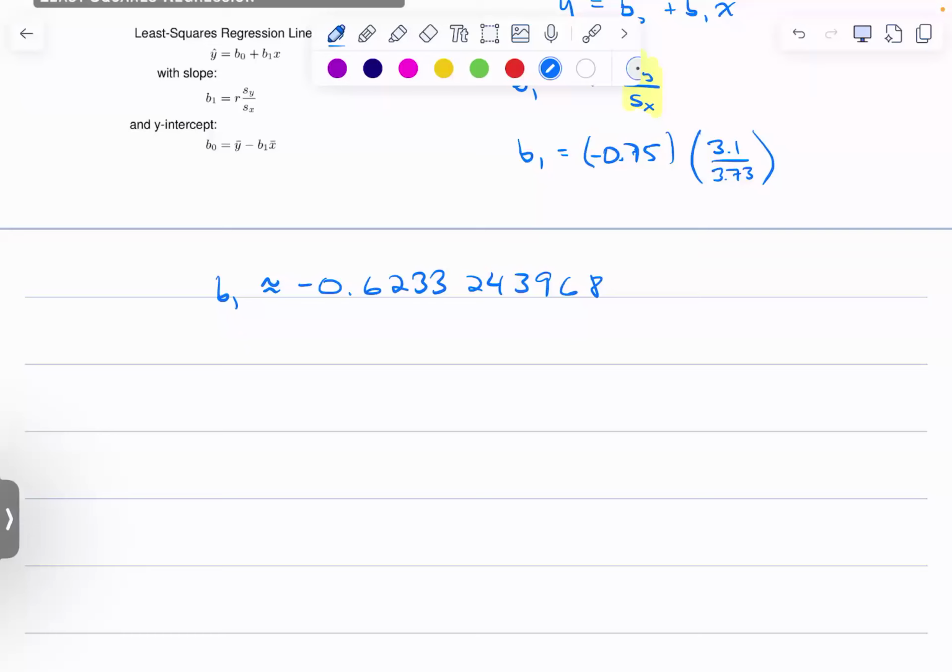I'm going to keep 4 decimal places here. Kind of lose interest, right? Nothing's really happening after the 3, and so you can usually safely chop it off there. And so we're going to let b1 be negative 0.6233, keeping 4 decimal places.